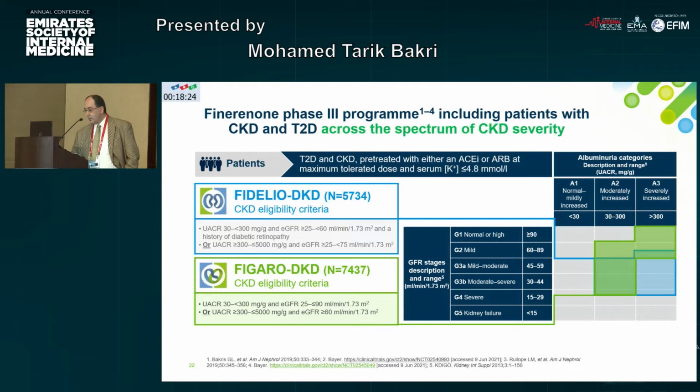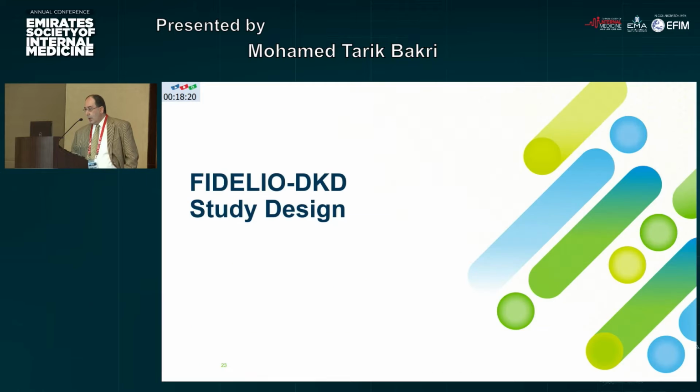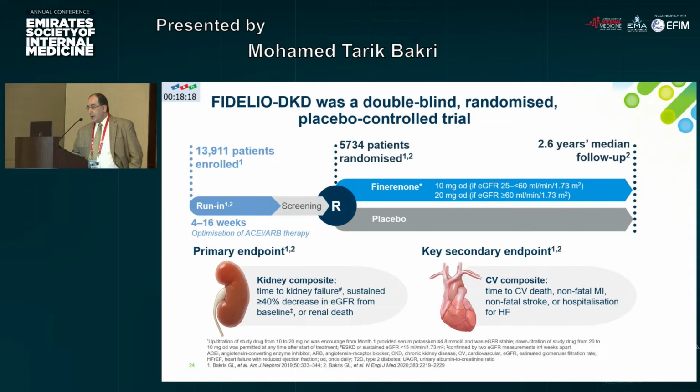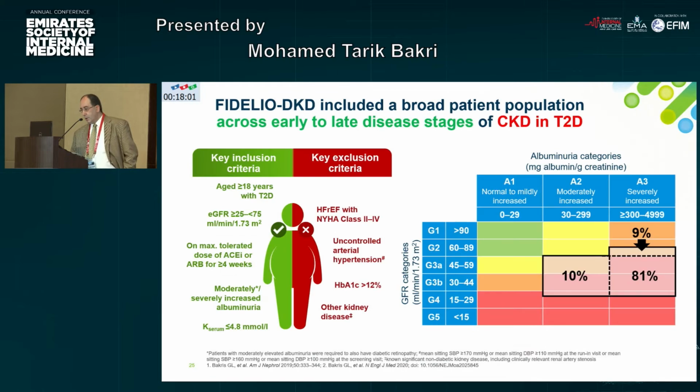So with both of them, it really covers the whole spectrum of CKD. The design, as usual, is to compare Finerenone 10 milligram and 20 milligram to placebo. The study had up to 2.6 years of follow-up, and we'll talk about the endpoint results.